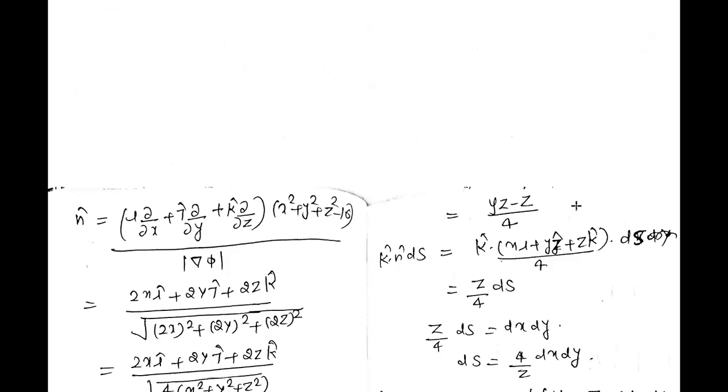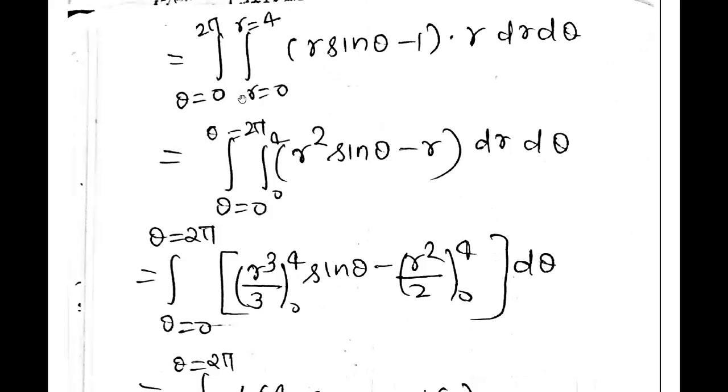So you will get your answer, 0 to 2 pi, because we are taking the whole projection in the xy plane. So 0 to 2 pi, r is equal to 0 to 4, and r sin theta minus 1, r dr d theta. So 0 to 2 pi, r square sin theta, that means multiplying by r inside the bracket, dr d theta.